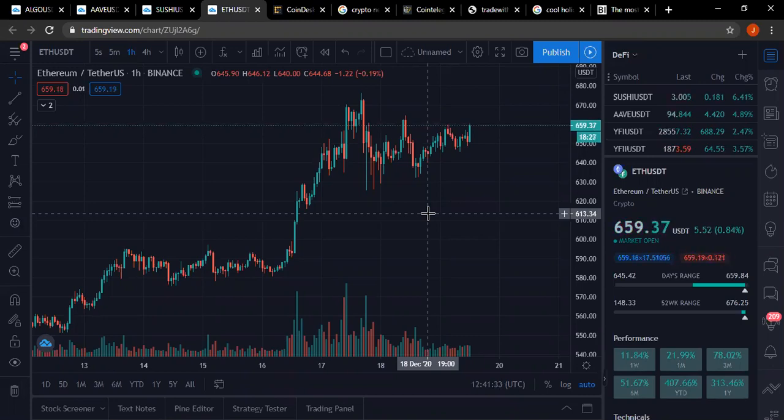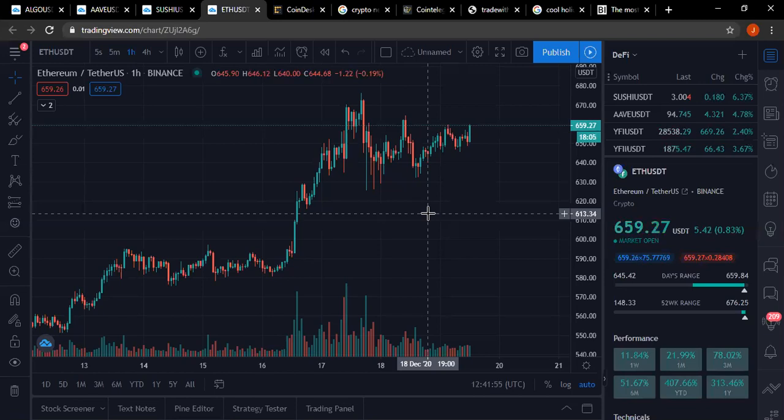Okay, so basically, the first thing about technical analysis is simply trying to predict the markets from the charts. Now, I believe that everything on the charts reveals what's going on in the market.